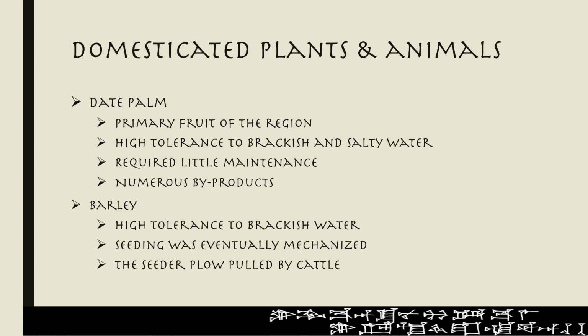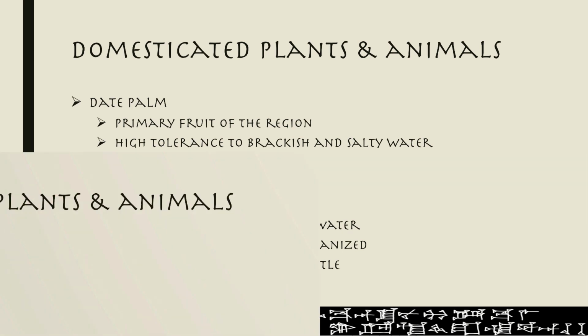It could be pulled by cattle. There was a tube that was used to drop the seeds in as the plowing process went, so it was much faster, much more efficient, and of course required a great deal of manpower to plant and to harvest, but the yields became much greater.